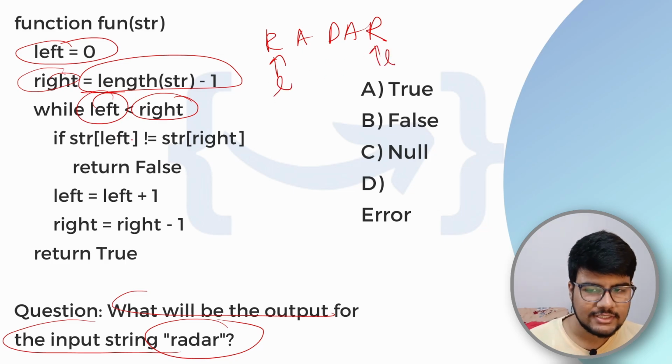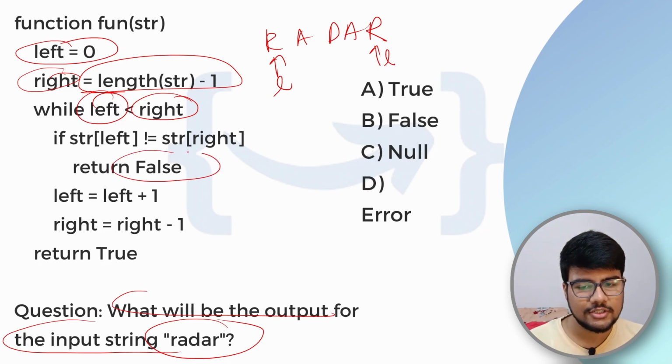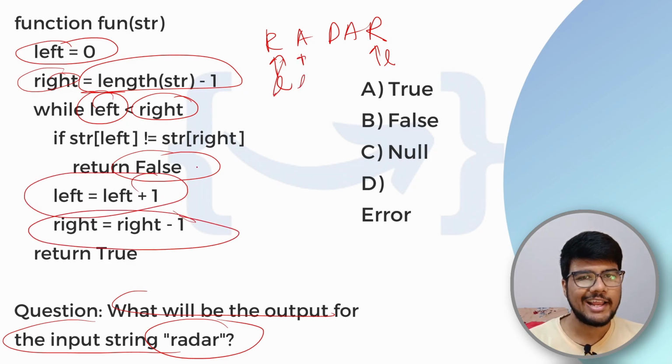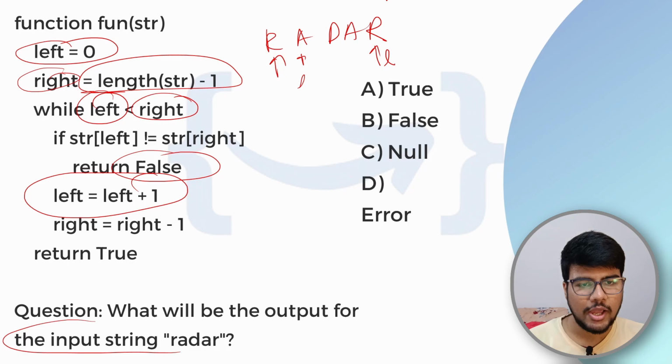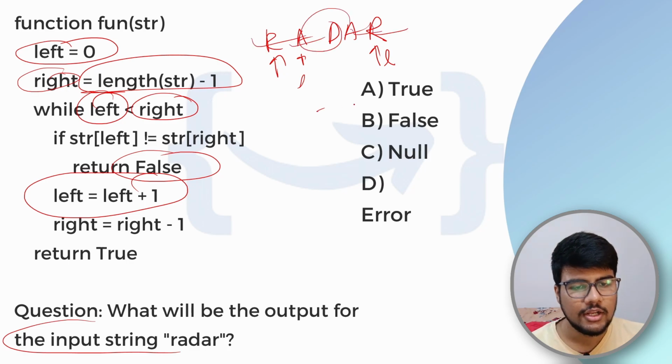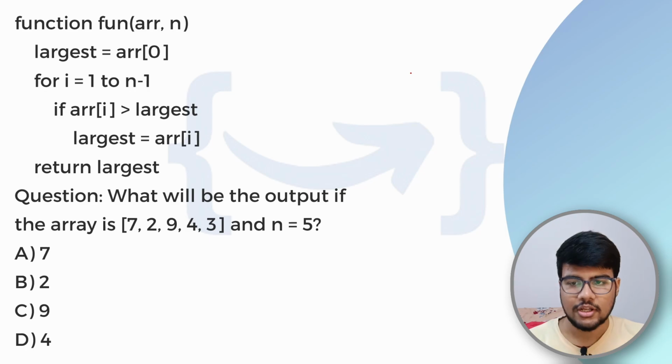If str left is not equivalent to str right, then return false. Otherwise, left plus 1, right minus 1. I know this code snippet checks whether the given string is a palindrome or not. This string is a palindrome because R is equivalent to R, A equivalent to A, and D is in the middle. True is the right answer.